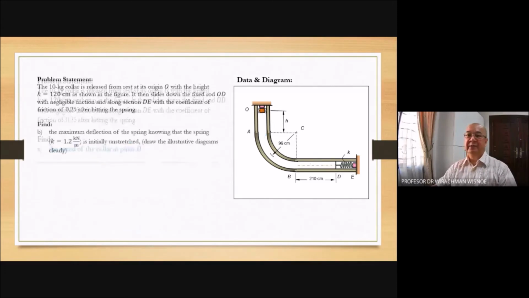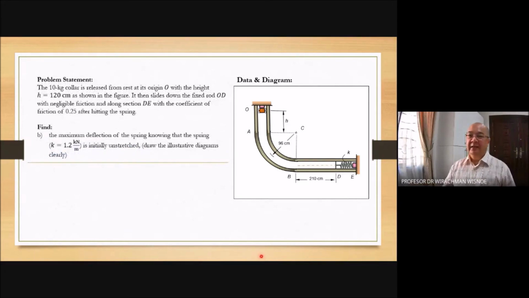Now, question B. It starts to touch the spring at D, then it will push the spring. The spring will give an opposite force. The work will be negative because the displacement is to the right, but the force from the spring is to the left.